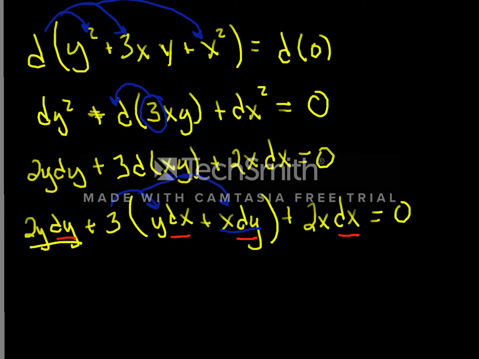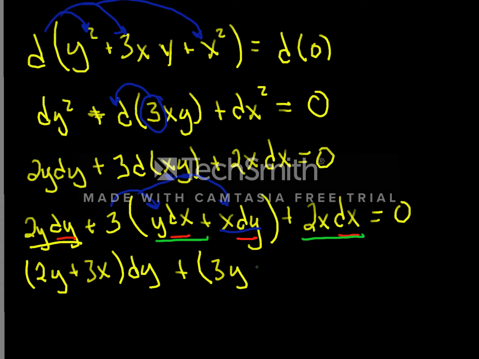I can group those together: 2y plus 3x, all times dy. Those are all my terms that have dy's in them. Then for my dx's, I've got a 2x dx here and a 3y dx there. Grouping those together, I get plus 3y plus 2x, all times dx, and is equal to 0.